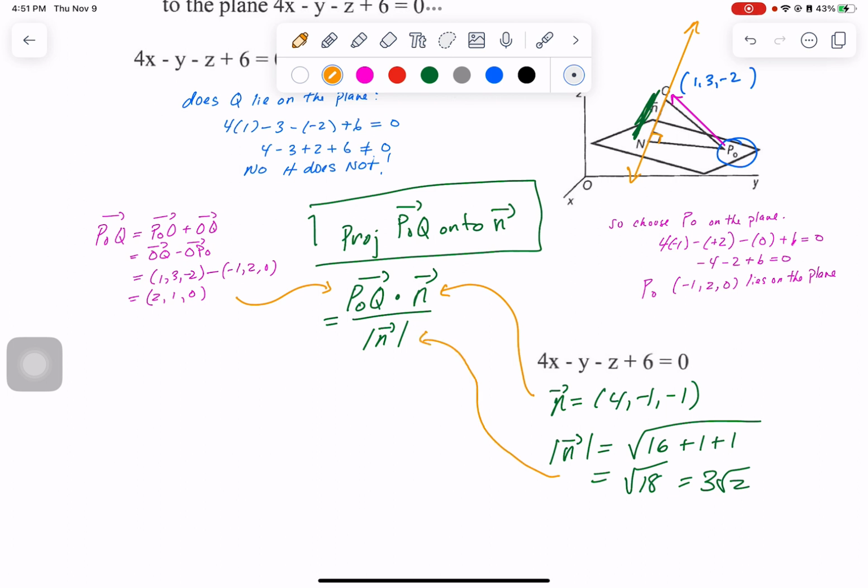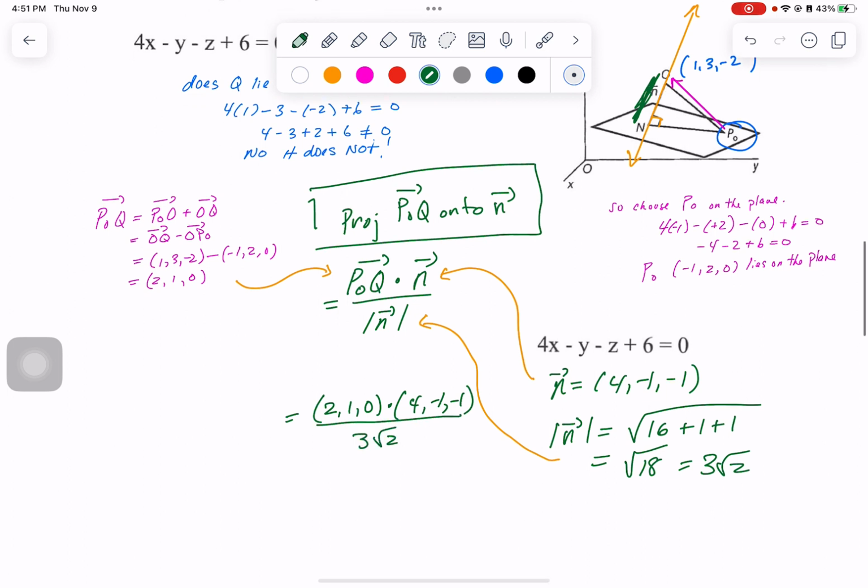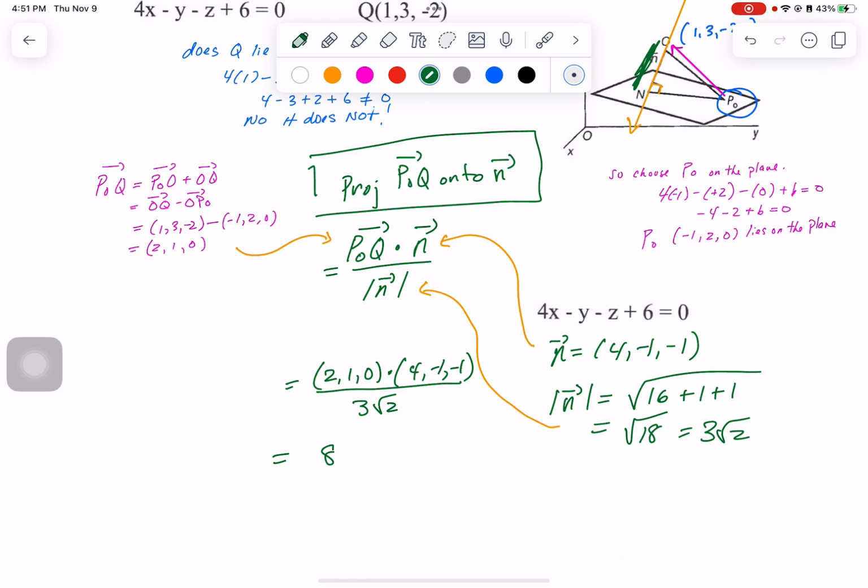I'm after a length, so it's going to be in terms of a unit of some sort. So P naught is 2, 1, 0, dot 4, -1, -1, all over 3 root 2. So it's 8 minus 1 over 3 root 2, which is 7 over 3 root 2.